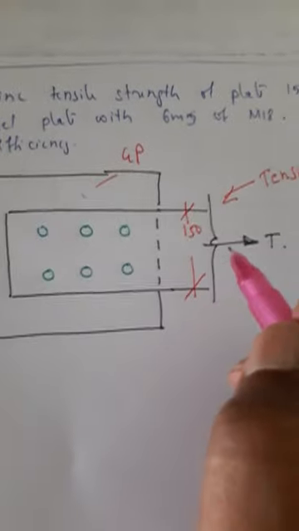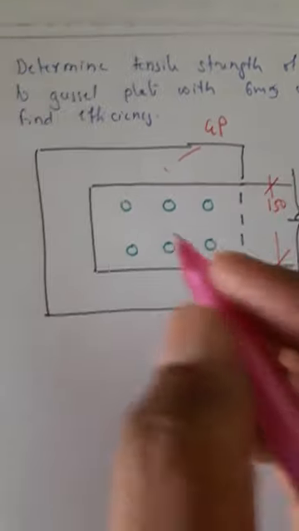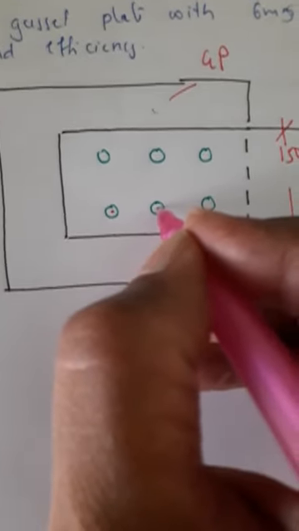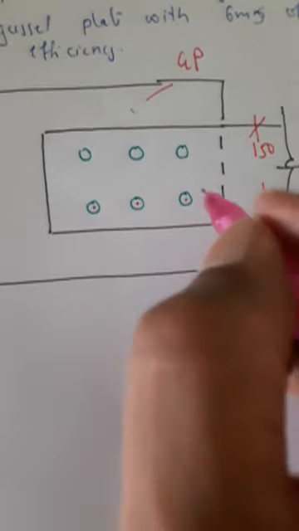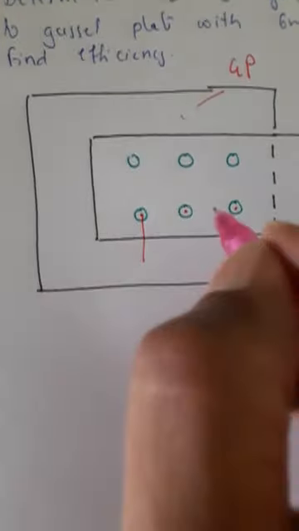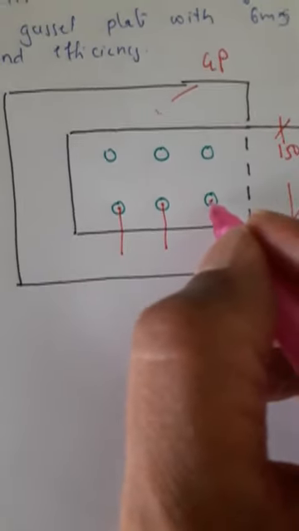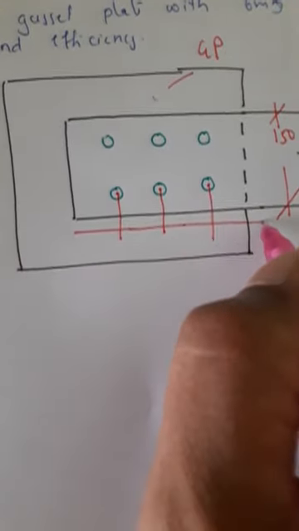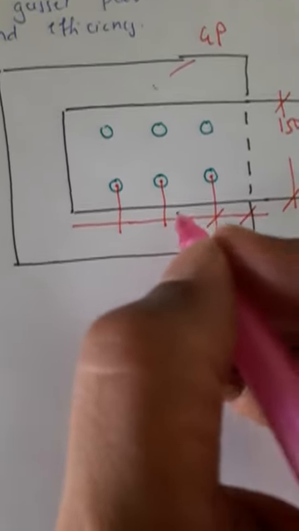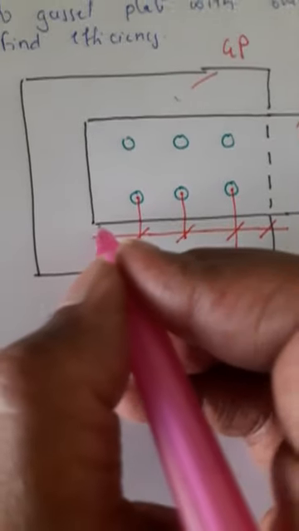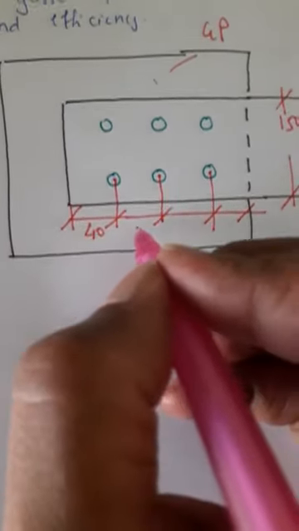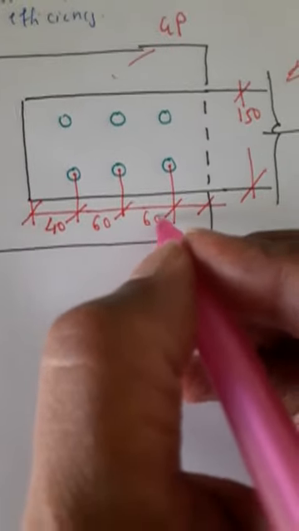So pitch is measured parallel to load in this direction. So bolt center, 40, 60, 60, 40, edge, pitch.